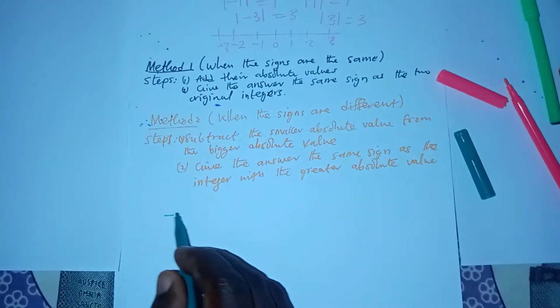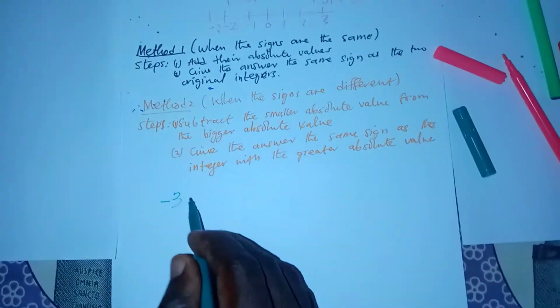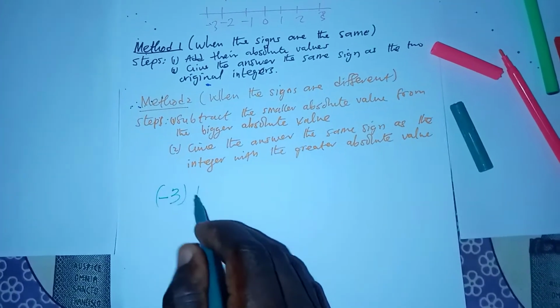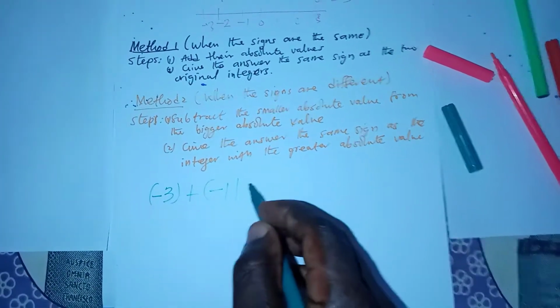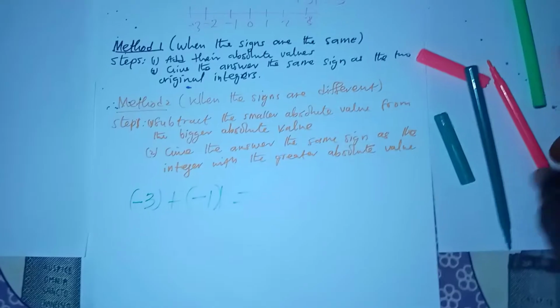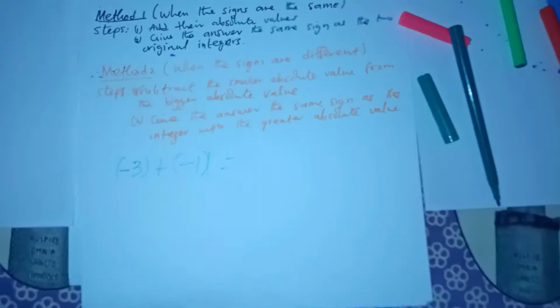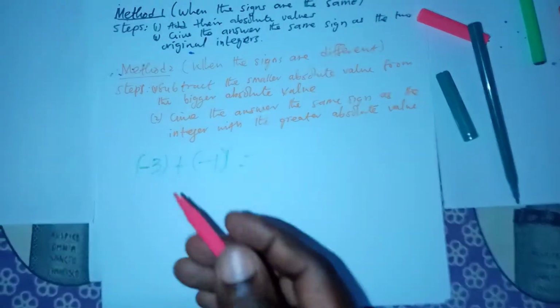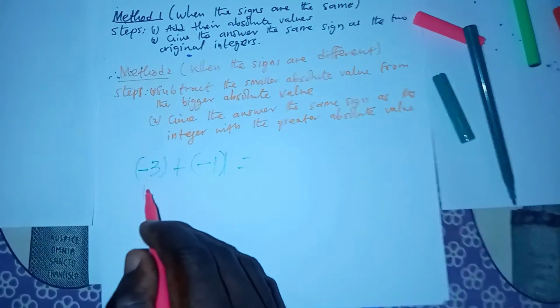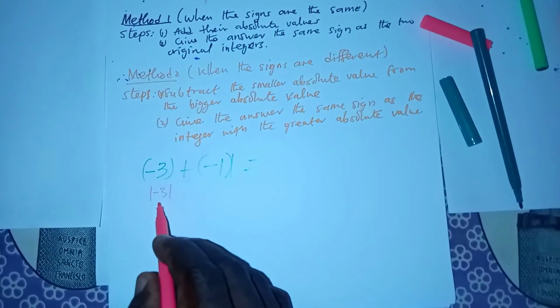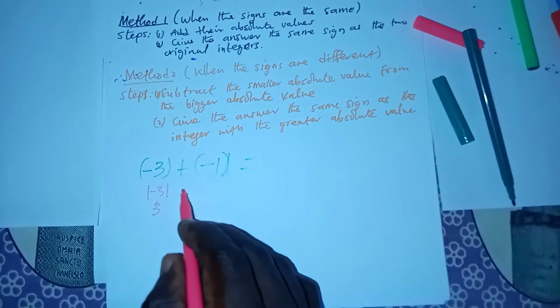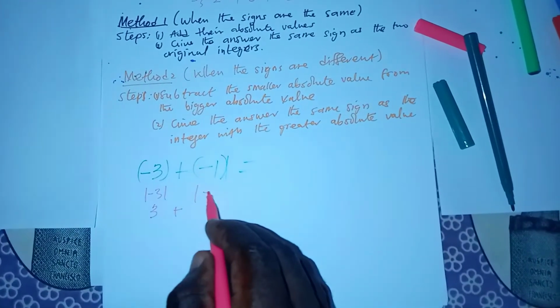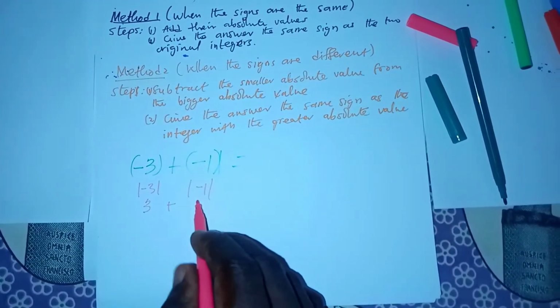So for example, we have -3 plus -1. So what is the absolute value of -3? I believe that will be 3. The absolute value of -1 will also be what? 1.